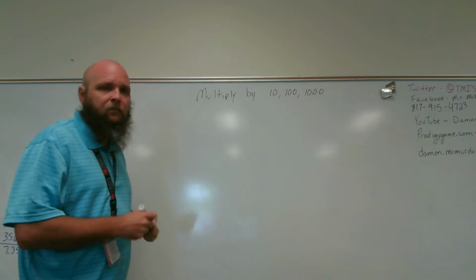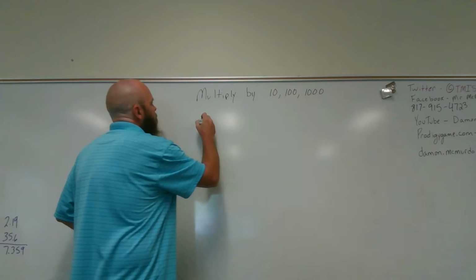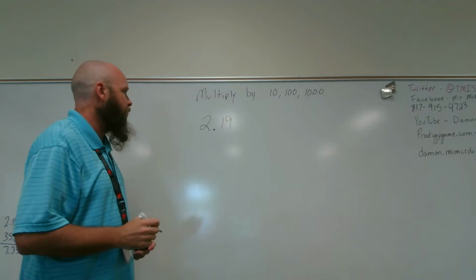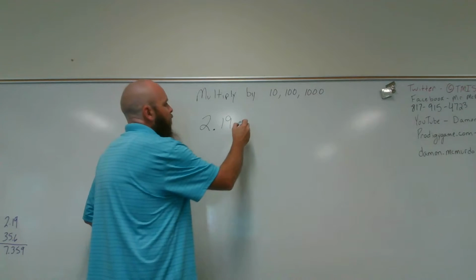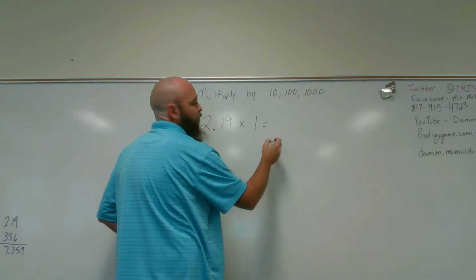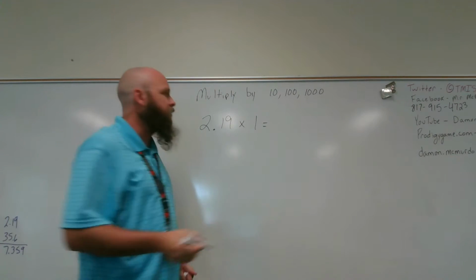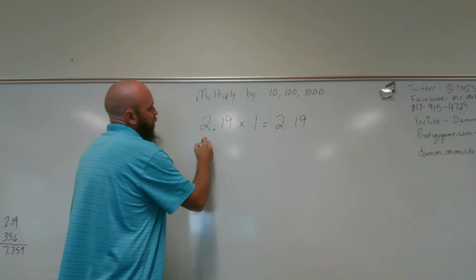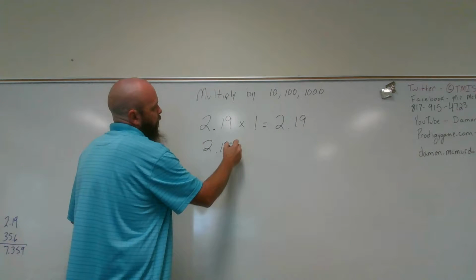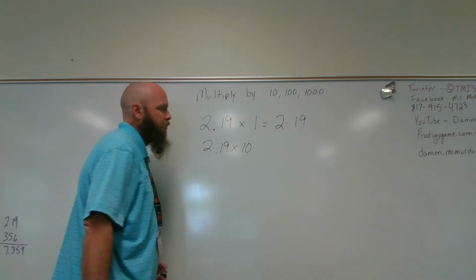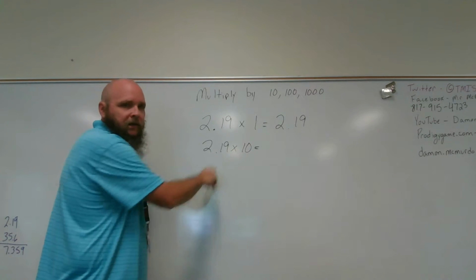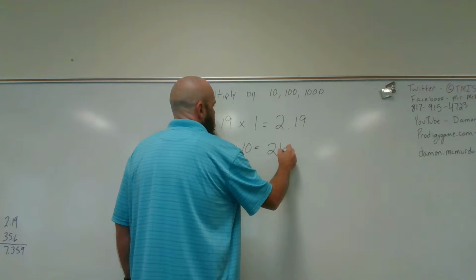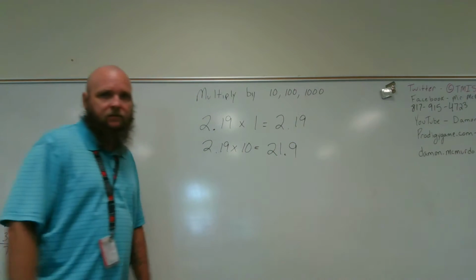Let's take the number 2 and 19 hundredths. If I'm going to multiply that by 1, obviously when you multiply a number by 1 it stays the same. It's going to be 2 and 19 hundredths. If I take 2 and 19 hundredths and I multiply it by 10, my decimal point goes one place to the right, and that equals 21 and 9/10.